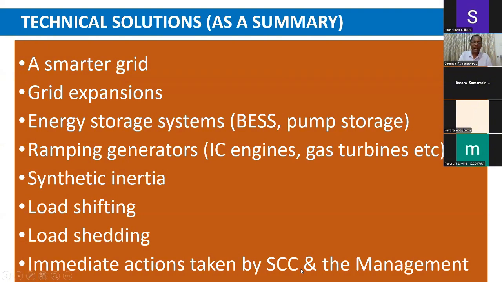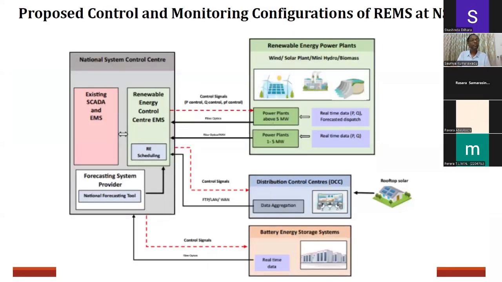Some immediate actions have been taken by our system control center, and the management has taken some decisions and initiatives to solve this problem. So I'll tell you some short-term and immediate actions we have taken. One is an ongoing project, still at the procurement stage.